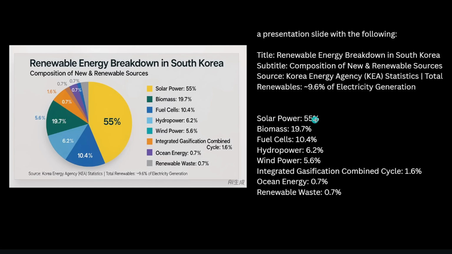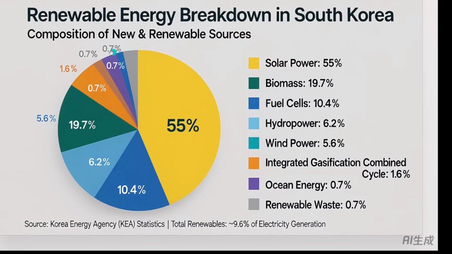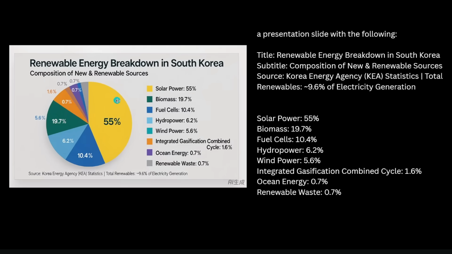So it got like most of the details correct, it got the legend correct, but this isn't really in clockwise order, so it should be like 55 and then 19.7 and then 10.4, 6.2, etc. So the order of this pie chart is all messed up for some reason, and then there are some extra labels over here. So basically the pie chart isn't really correct. However, the text here is correct. So I guess it can do simple presentation slides, but if you feed it a ton of data that it needs to display into graphs and charts, then it starts to fail.